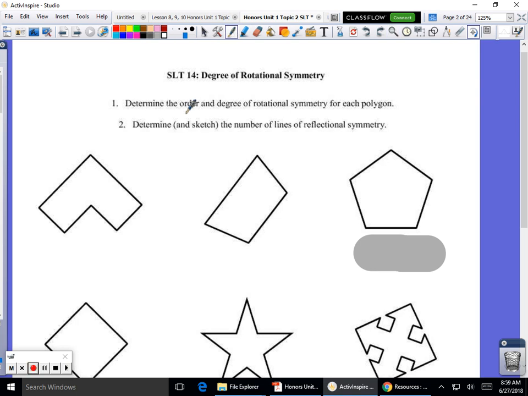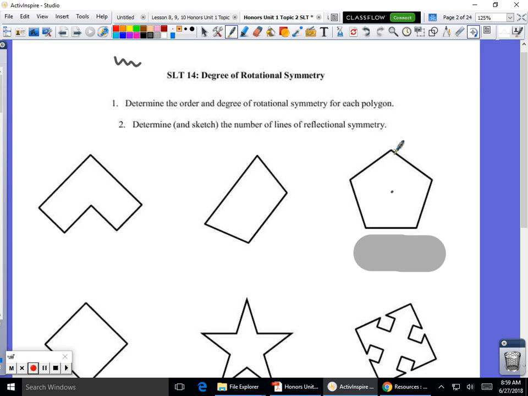The order of rotation is how many times can you rotate an object about the center and match up in 360 degrees, how many times can I match up with itself?